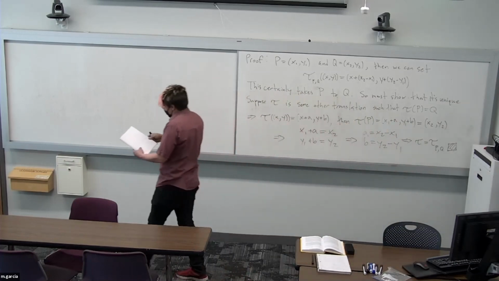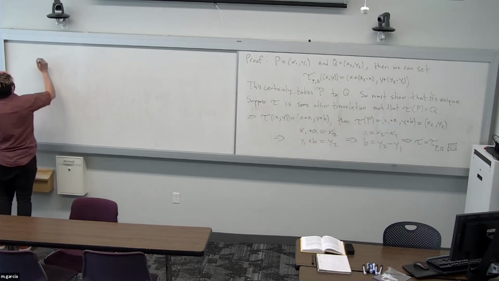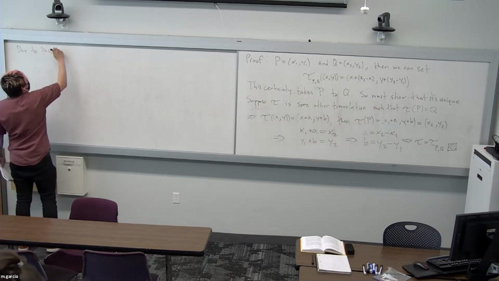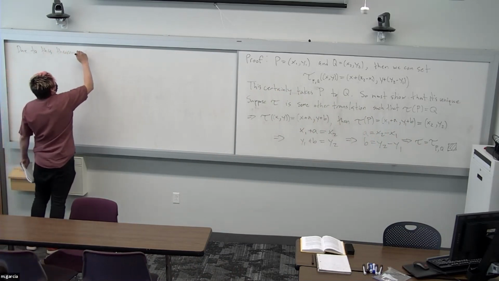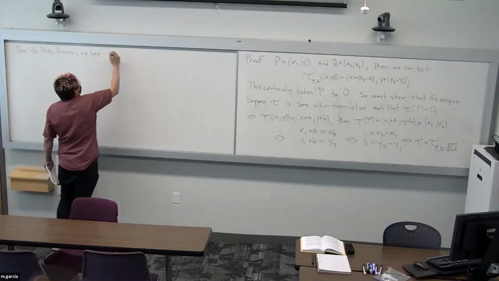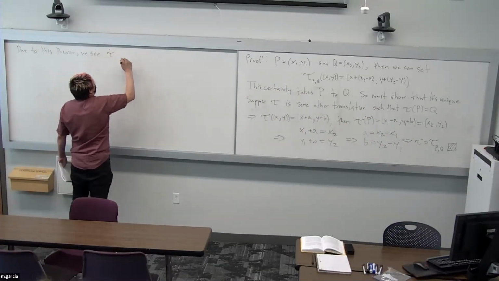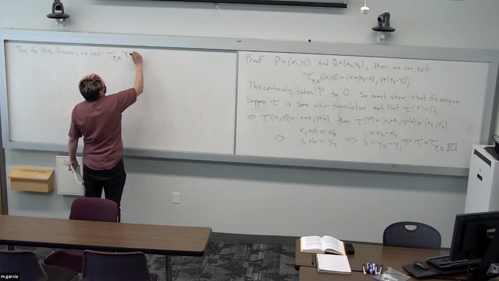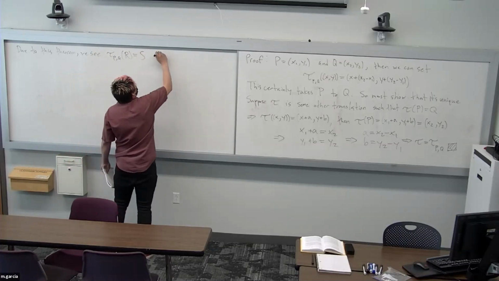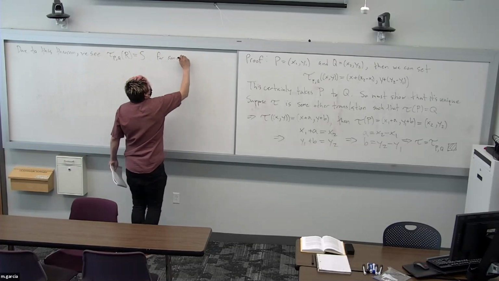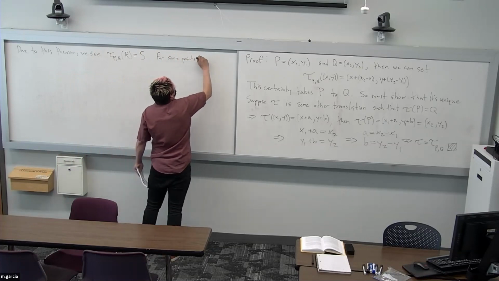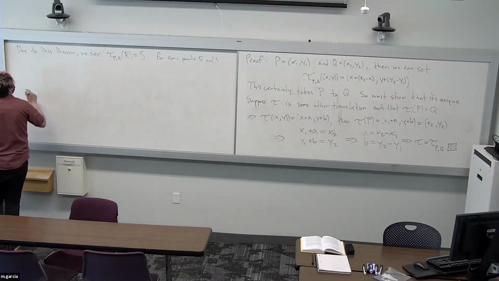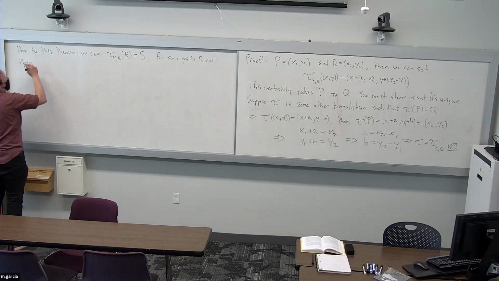So, for example, due to this theorem, we see, for example, that if tau sub p comma q of r equals s for some points R and S, then what do we know?